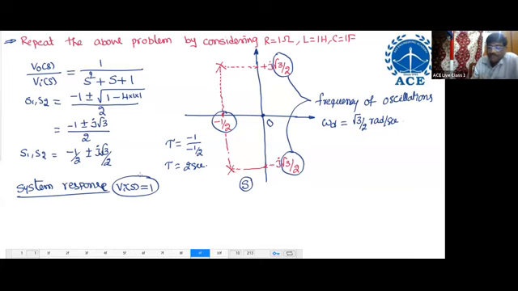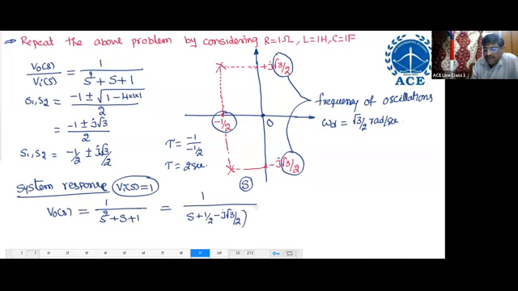Now tell, V naught of S can be written as what? 1 by S square plus S plus 1, which can be written as 1 by (S plus 1 by 2 minus j root 3 by 2) times (S plus 1 by 2 plus j root 3 by 2).